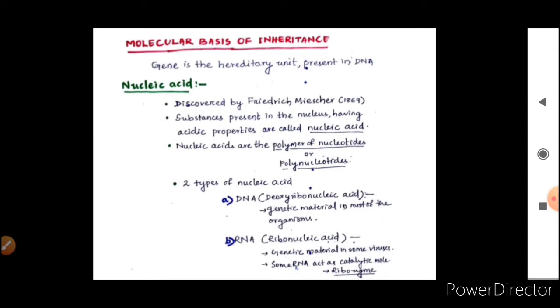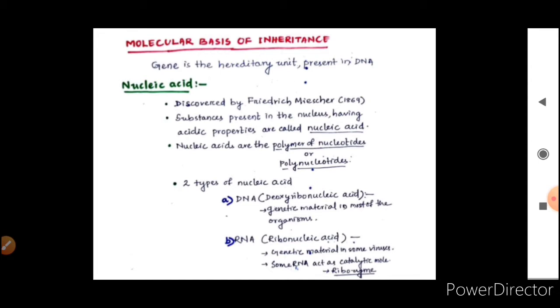Now when we come to the basic structure of the DNA, or the nucleic acid, it was discovered by Friedrich Miescher. Substances present in the nucleus having acid properties are called nucleic acids.